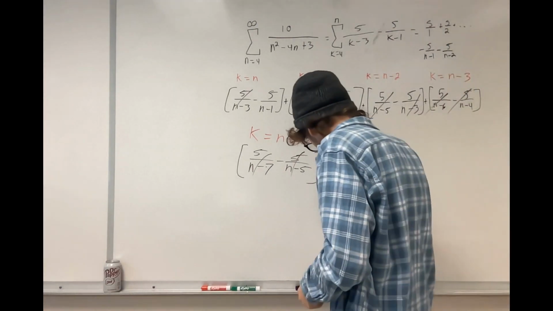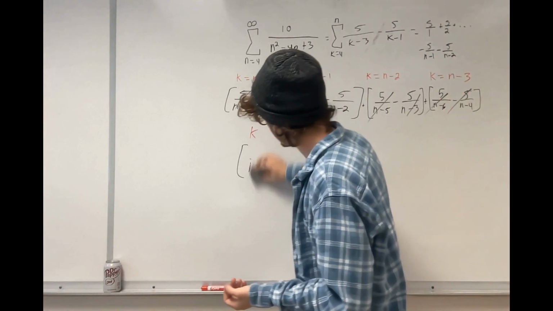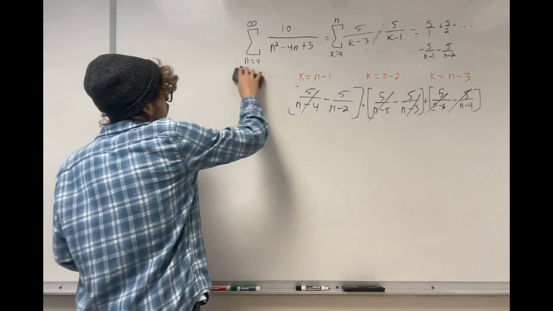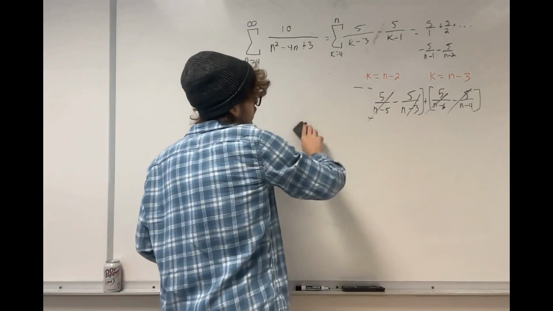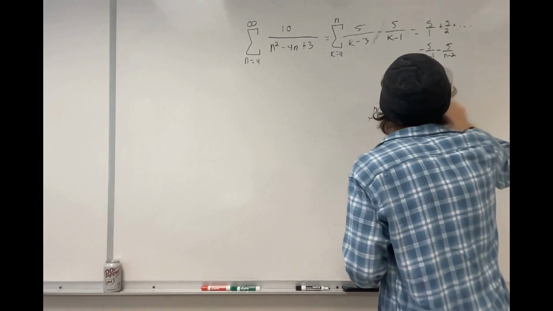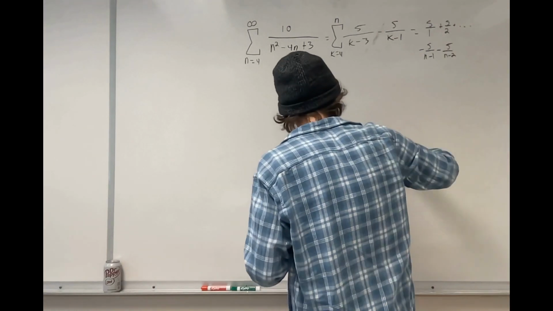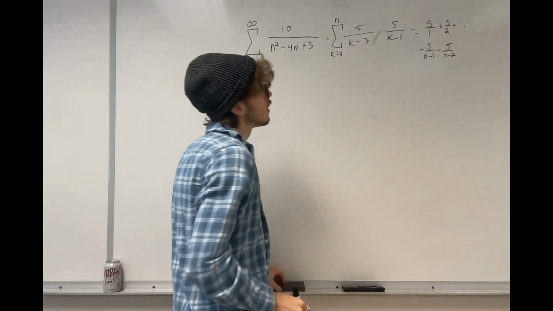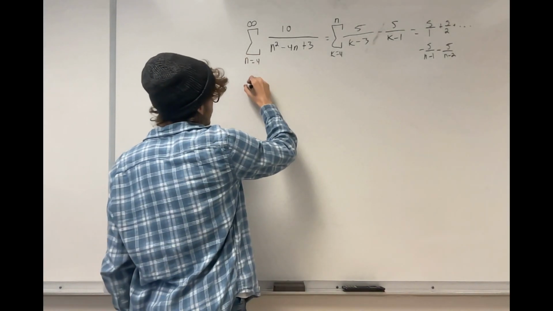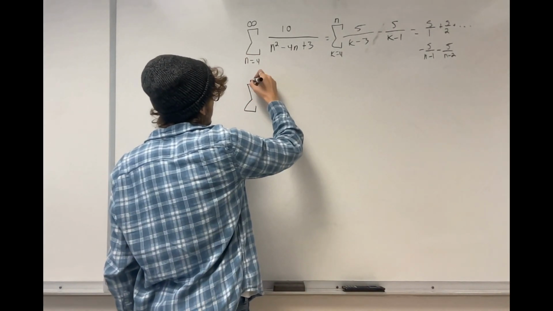So that took a lot of work to see. Do it as little or as much as you want on the expanding. It's really up to you. I personally like to go out quite a bit though. So for our series, I'm going to just rewrite it here to make it look very nice.